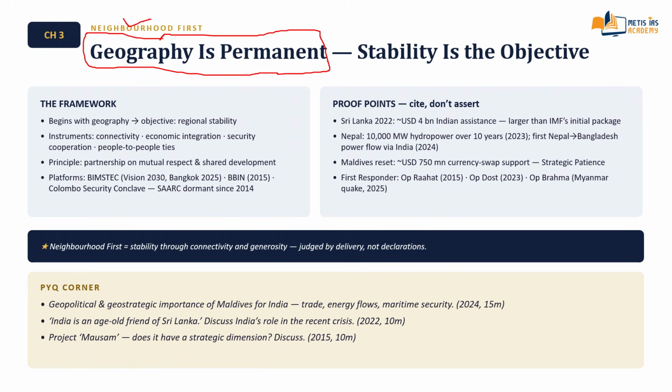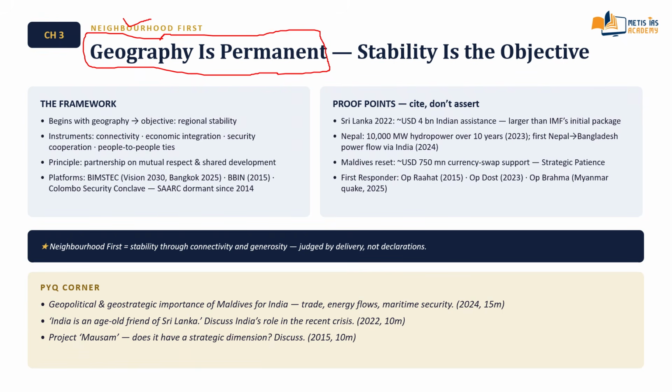Improved connectivity reduces transportation costs, facilitates trade, strengthens regional value chains, and integrates economies. For India, connectivity is particularly important for improving access to the northeastern states, which increasingly serve as India's gateway to Southeast Asia.